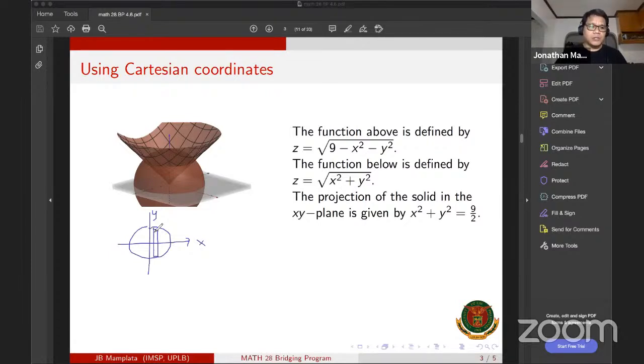So that vertical rectangle will move from left to right. Yung pinaka-left point of that rectangle is given by negative 3 over square root of 2. 3 over square root of 2 is actually the radius of the circle. So that will give you the lower bound for x.